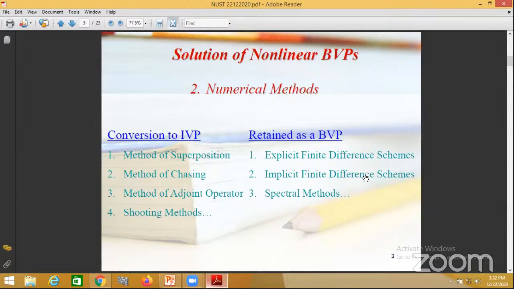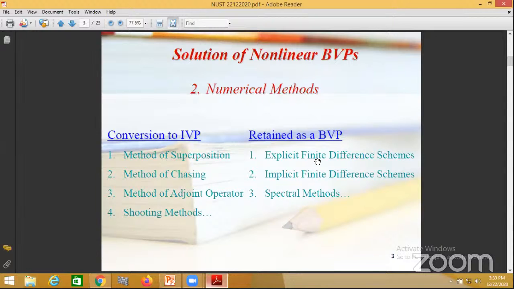Among them, the Keller box method has been extensively used to solve boundary layer flow problems. It is actually an implicit finite difference scheme. And in the same category, spectral methods are nowadays very much in use and can be used to formulate the solution of the problem.